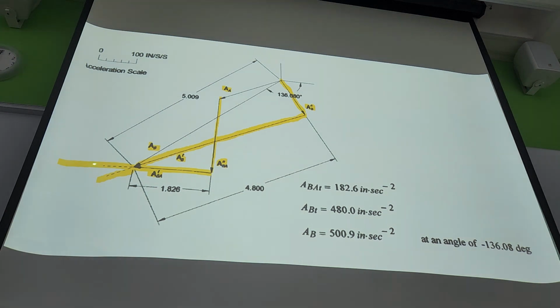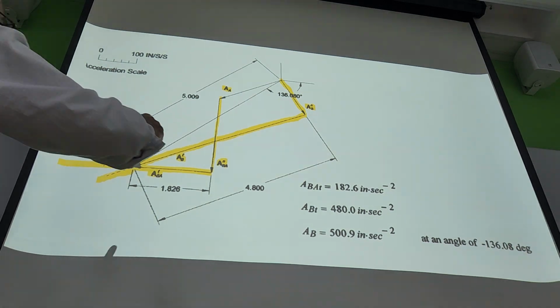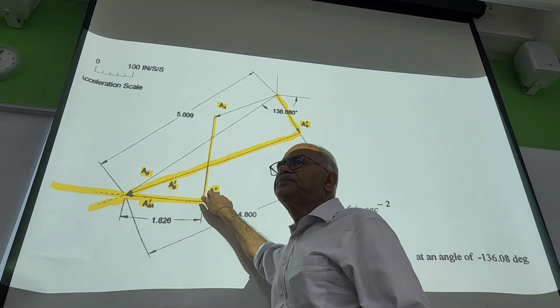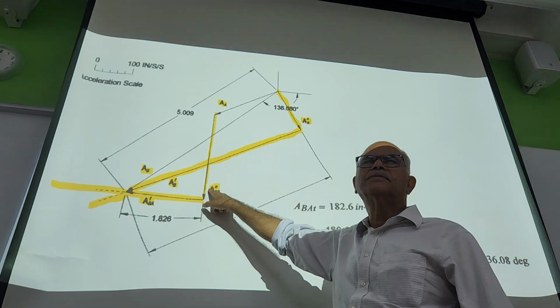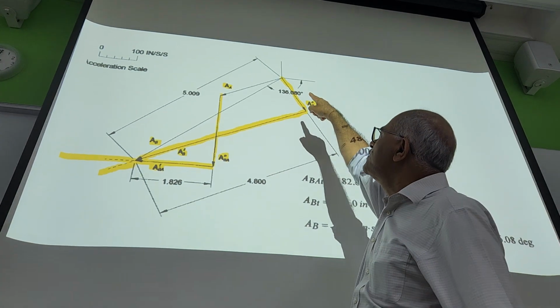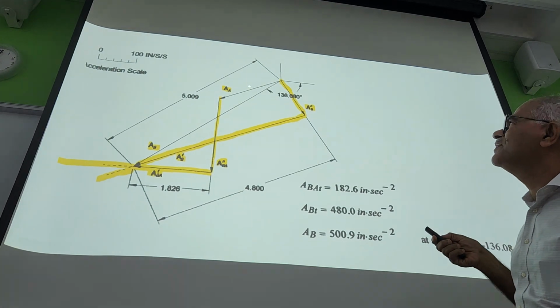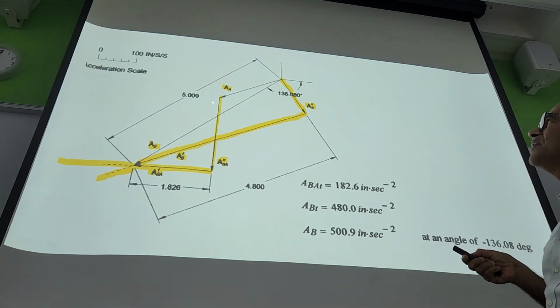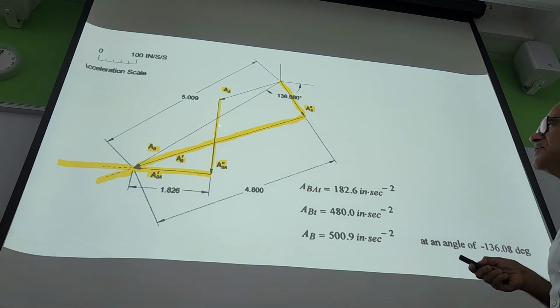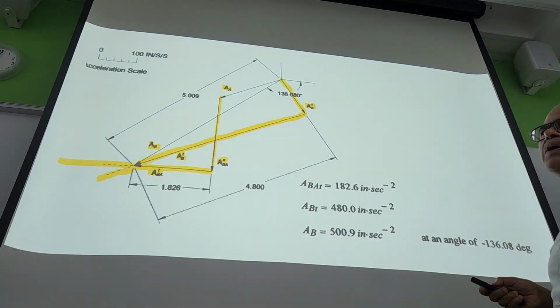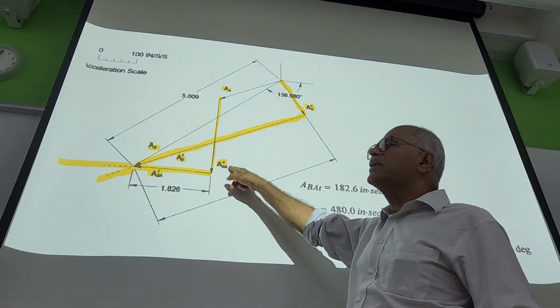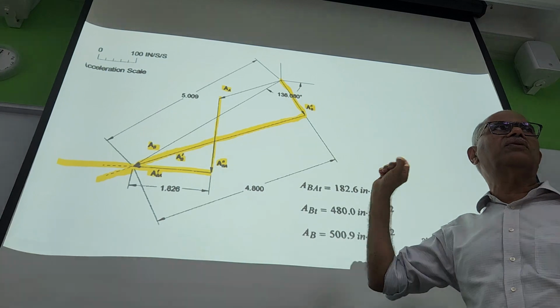This dotted line is just the perpendicular. First we start from the origin and draw acceleration of A. From the tip of acceleration of A, we draw BA normal, because we know both magnitude and direction.